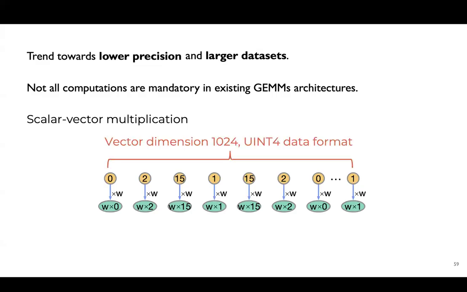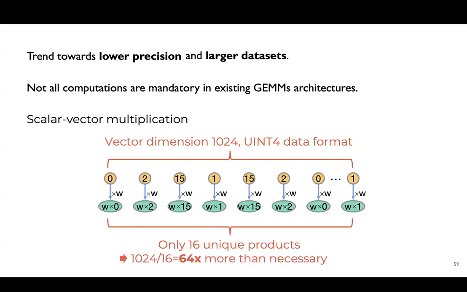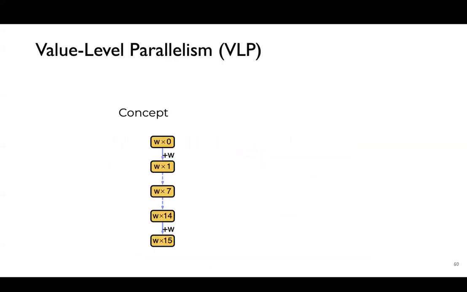If we assume there's a vector of dimension 1k, and the data format is int4, a single multiplication can only produce 16 unique results. Regardless, conventional GEMM architectures still perform 1k independent multiplications, which end up being 64x more computation than what's actually needed. This is far from being efficient.